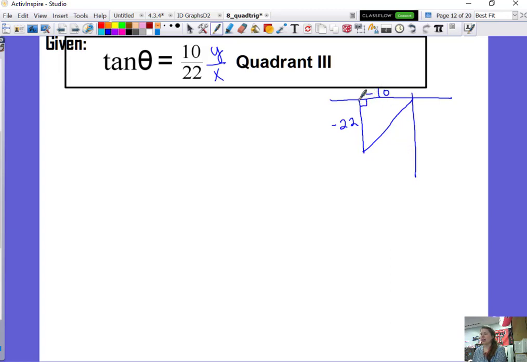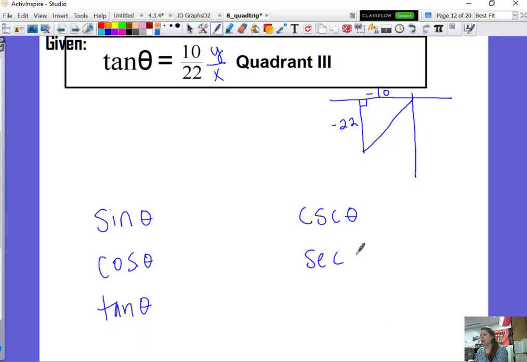Well, we know it's negative 10, we know it's negative 22, and we know that we have a radius. Well, I'm not going to walk through all of this because we just did that, but you can write sine of theta, cosine of theta, tangent of theta, cosecant, secant, and cotangent.